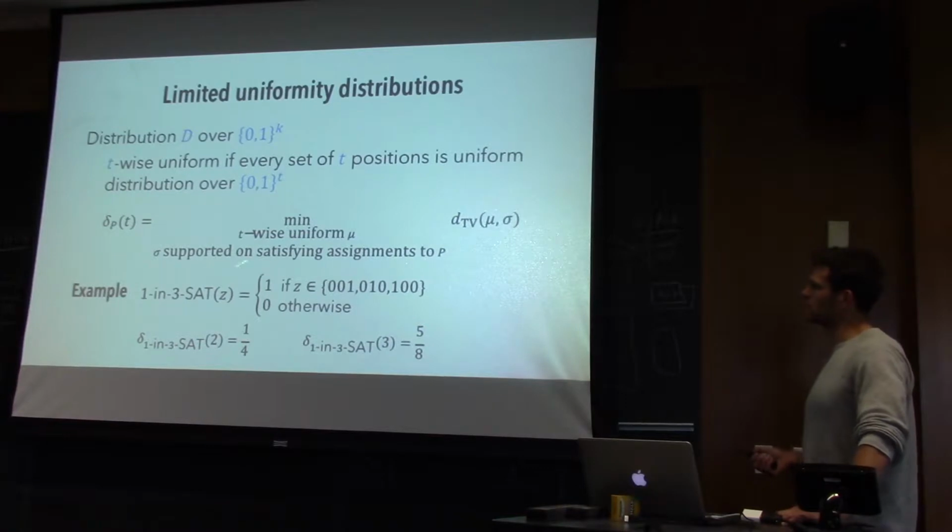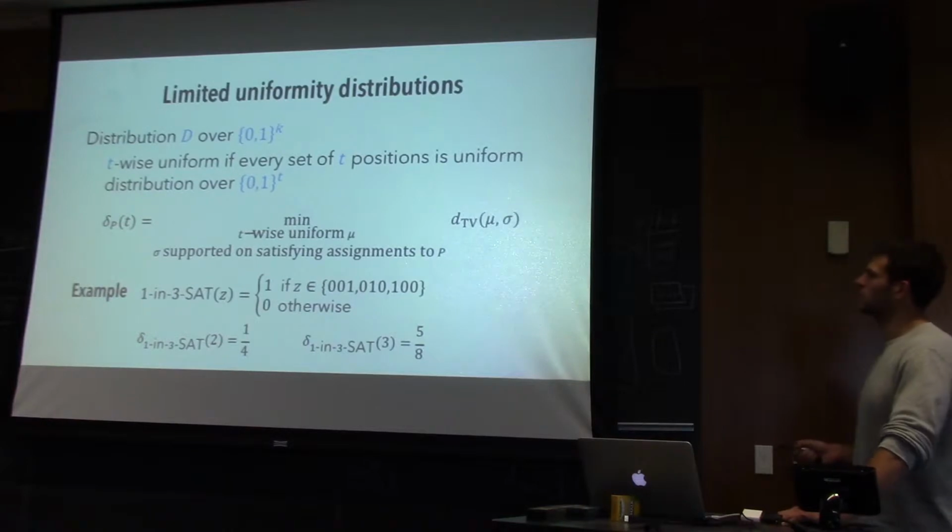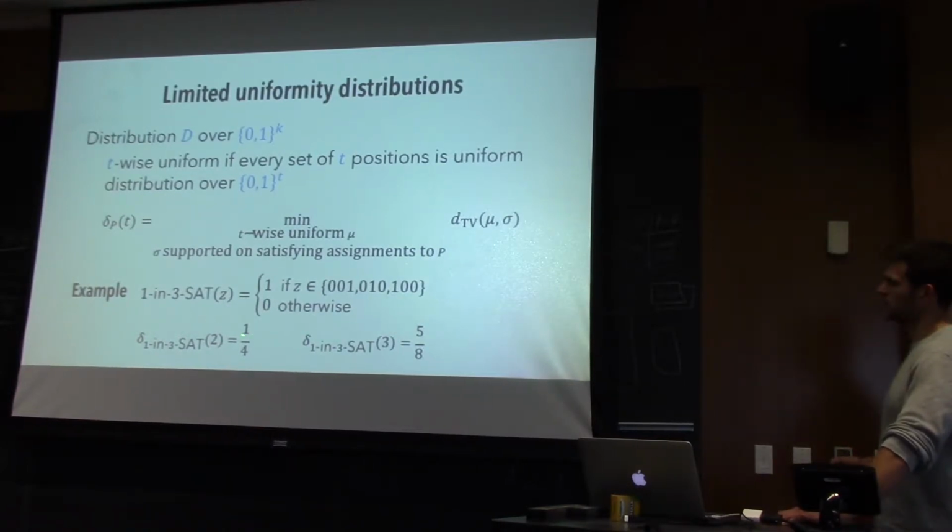So here's an example. It's the 1-in-3 SAT predicate. So you get 1 if you get exactly one 1, and you get 0 otherwise. And if you sit down and think about it, you can see that this is a distance of a quarter away from supporting a 2-wise uniform distribution. And the closest thing there is this XOR distribution we saw on the last slide.